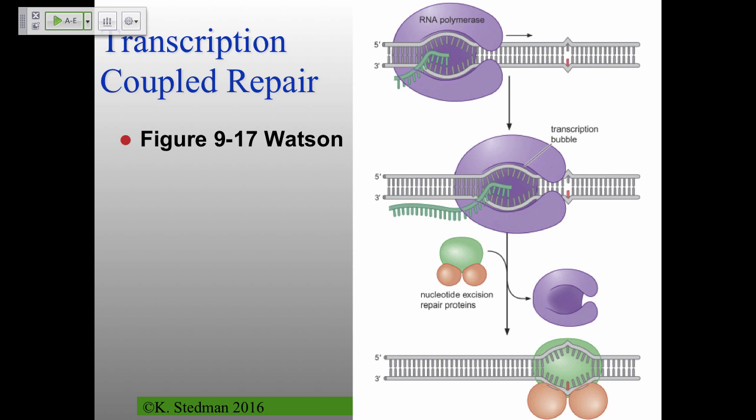So what we now know happens is that the RNA polymerase is actually associated with these repair proteins. It basically brings them along for the ride in such a way that when there is a problem in a transcribed piece of DNA, it gets repaired faster than parts of the genome that don't have active transcription taking place on them.